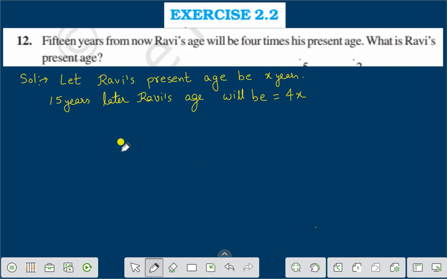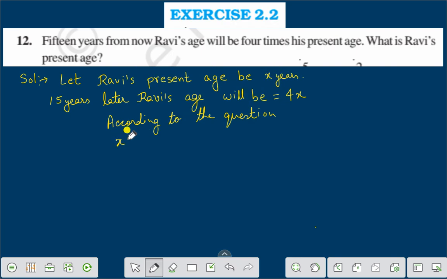Now according to the question, 15 years from now, Ravi's age will be 4 times his present age. Now the present age is x.